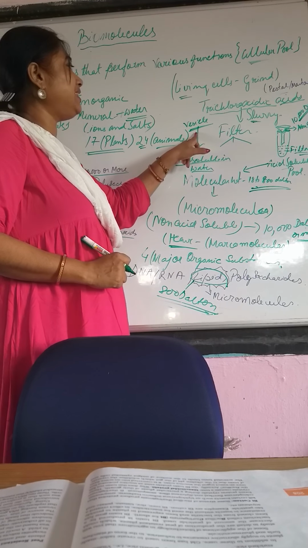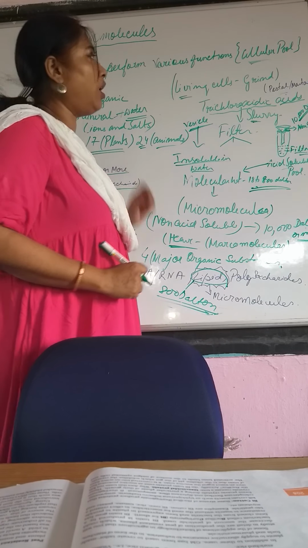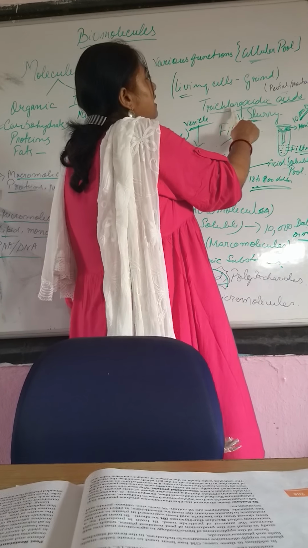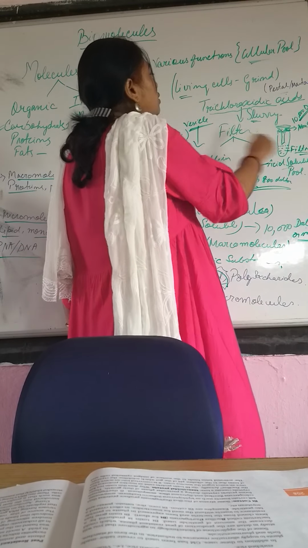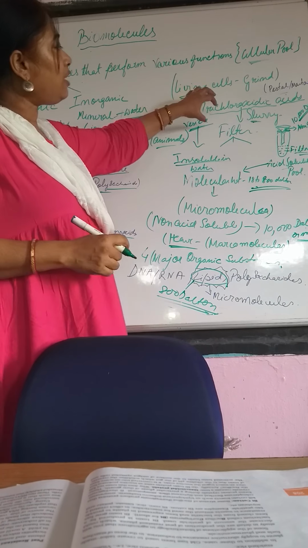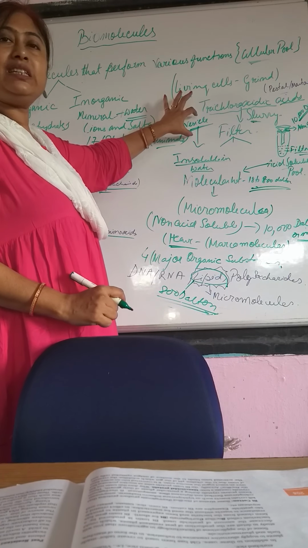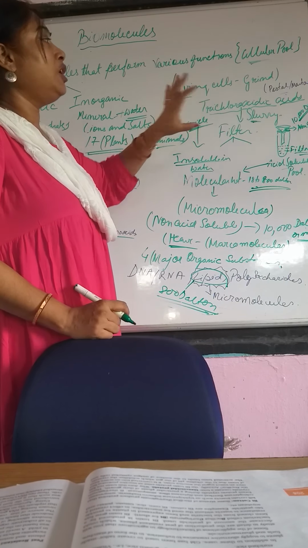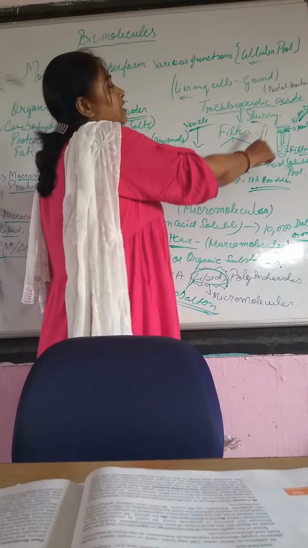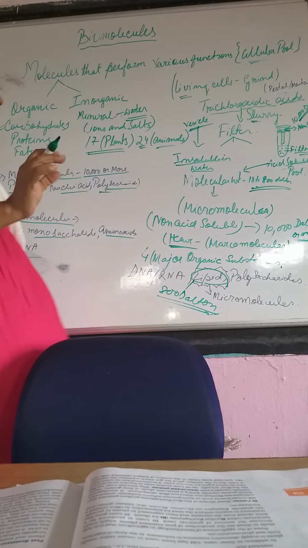These vesicles are insoluble in water. In trichloroacetic acid, if any acid contains water, that water also makes these vesicles insoluble. That is the reason we find the lipid molecules here and not in the acid soluble pool. So this is the only micromolecule found among the macromolecules.